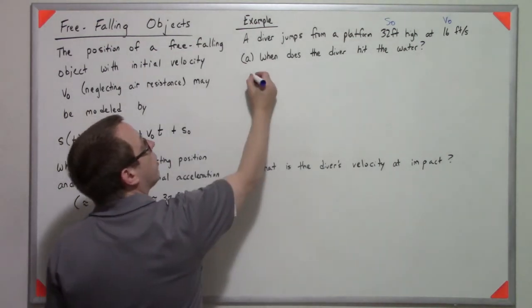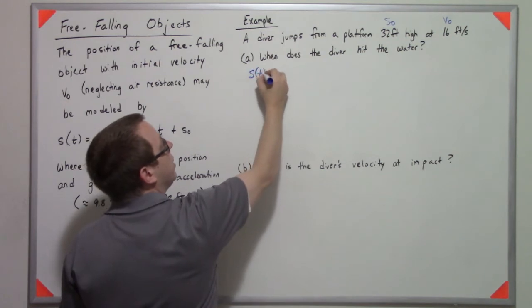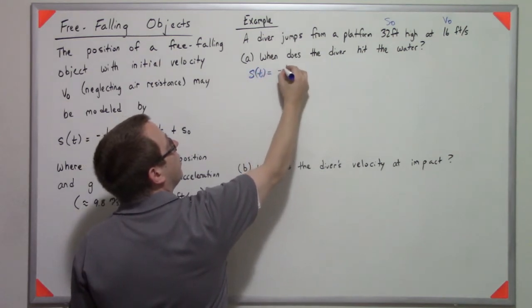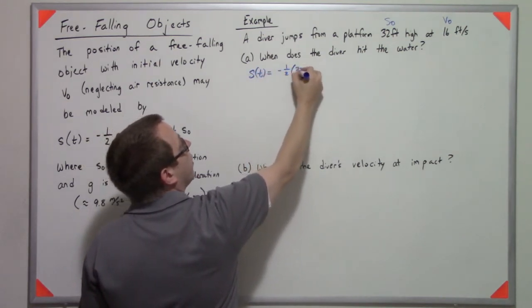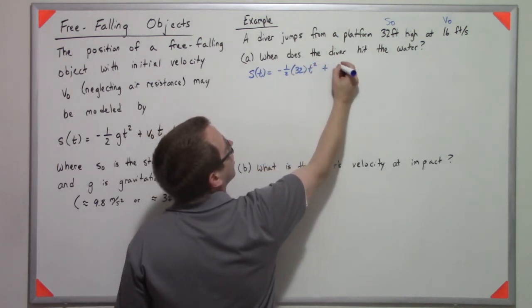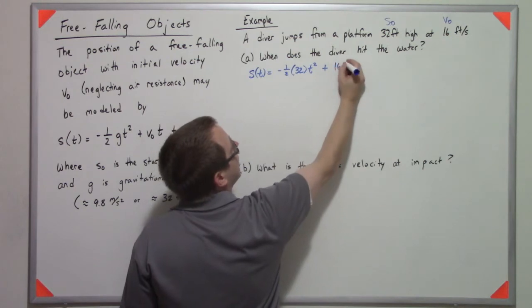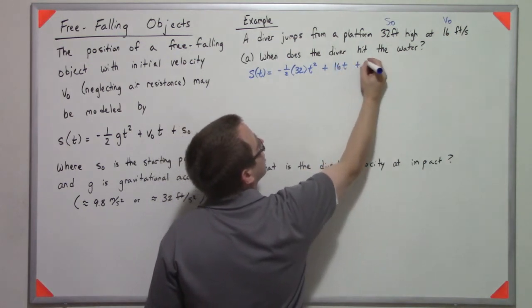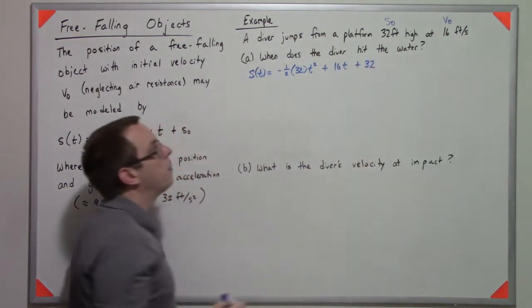So if I construct that function, I get s of t is negative 1/2 times 32 t squared plus 16t plus 32.